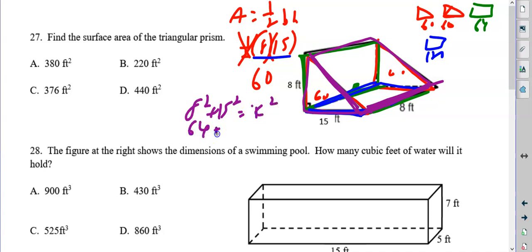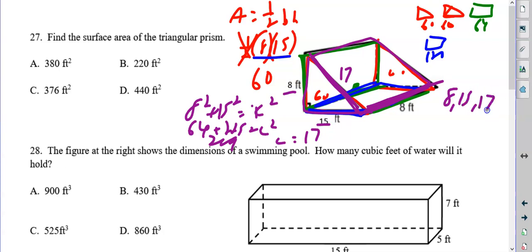That's 64 plus 225 equals c squared. 225 plus 64 is 289, and if we do the square root of 289, we get 17. But if you knew your Pythagorean triples, 8, 15, 17 is a Pythagorean triple. So this rectangle has a length of 8 and a width of 17. So 8 times 17 is 136.